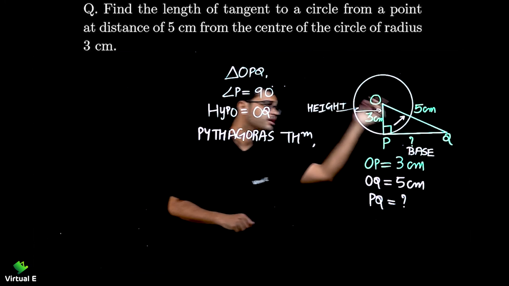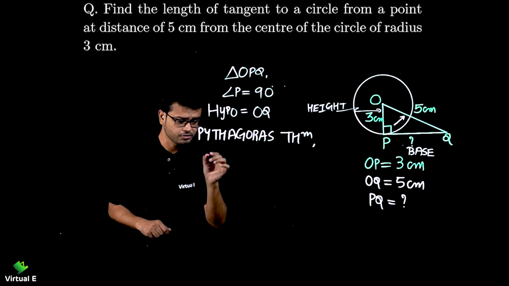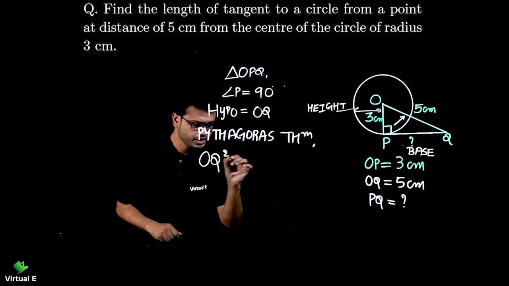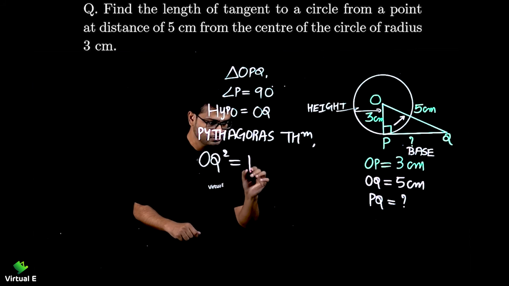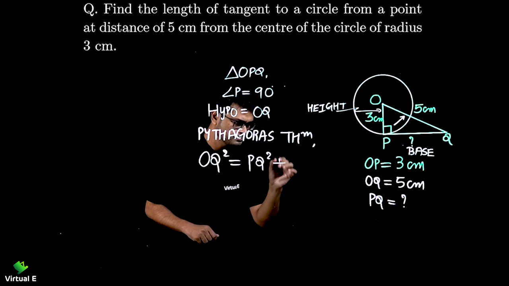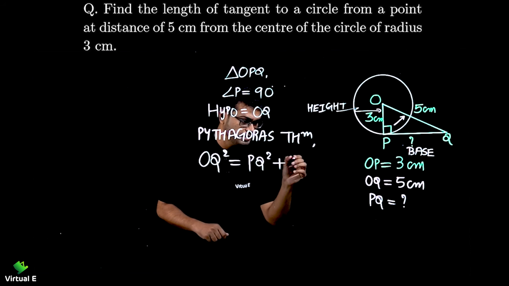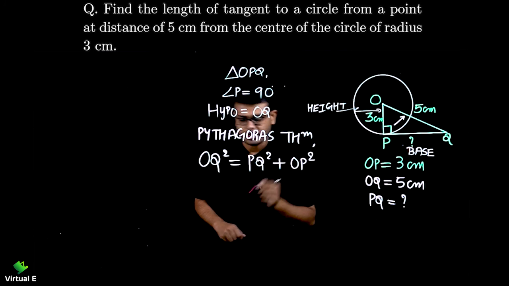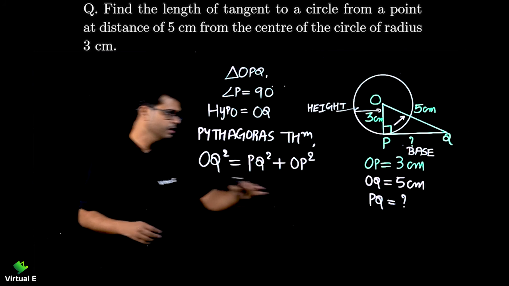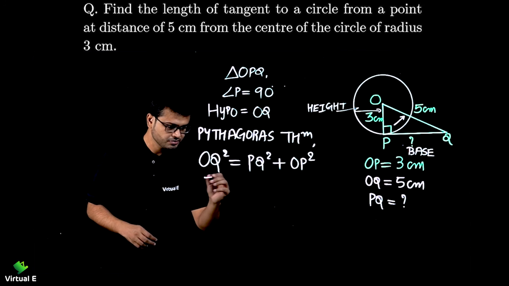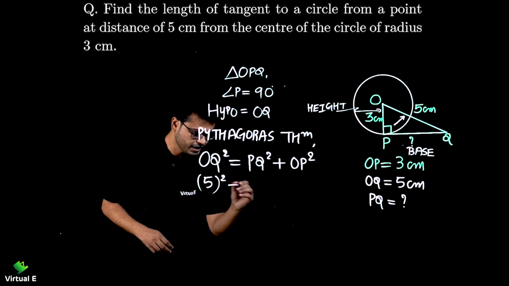We are going to start from the hypotenuse, which is OQ. So OQ square is equal to base square. Base is PQ. PQ square plus height is OP, and we need to square it. Now let's substitute the value and find the missing quantity. Very simple. OQ is given 5 centimeters. So here 5 square.